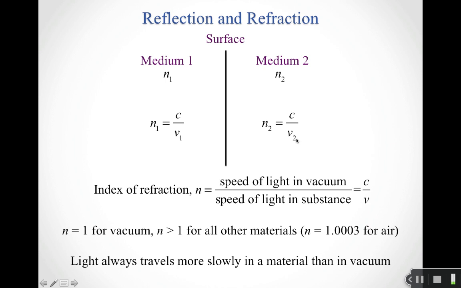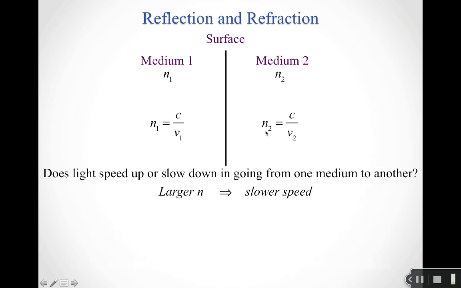But for anything else, because light always travels more slowly in the medium than it does in vacuum, the index of refraction will always be greater than 1. So for air, it's just barely greater than 1, and so we're going to treat it as if it was 1. And anything else is going to have some higher value, right? So 1.3, 1.4, 1.5. So indices of refraction are going to be values greater than 1.